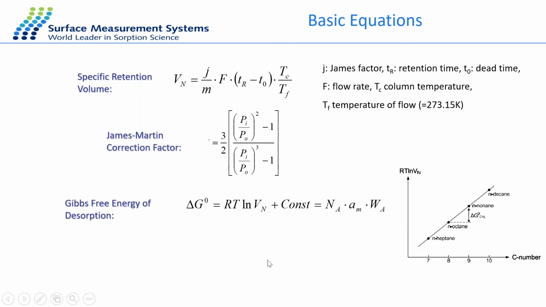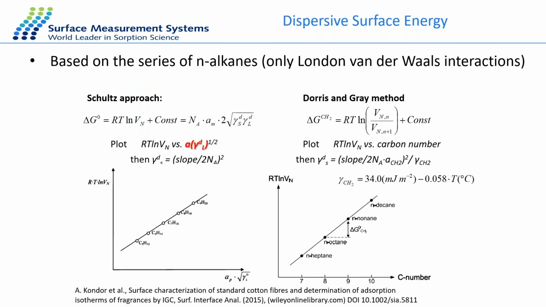And this specific retention volume is used to determine the Gibbs free energy. And this Gibbs free energy is the y-axis on the plot of the surface energy calculation. There are two different methods to determine the dispersive surface energy component, both based on a series of injections of normal alkanes.